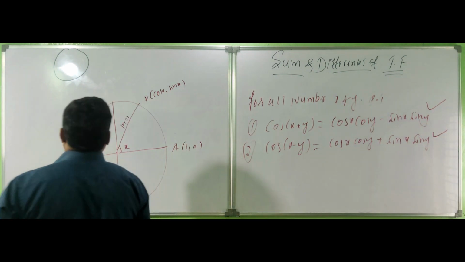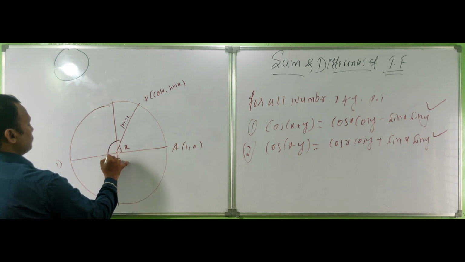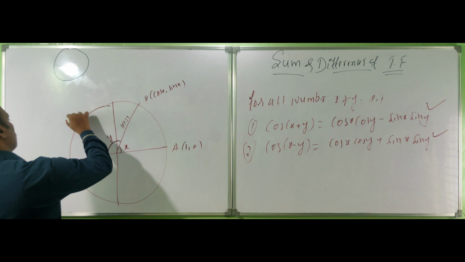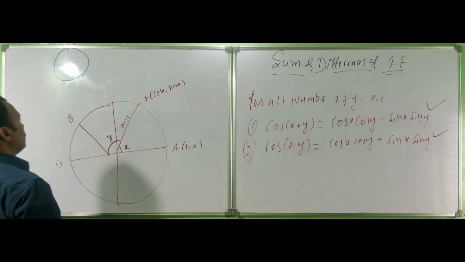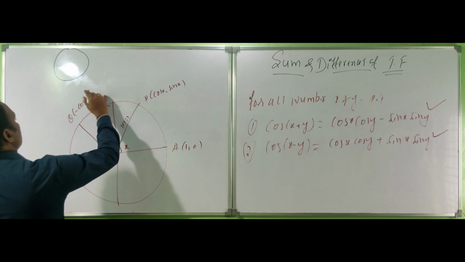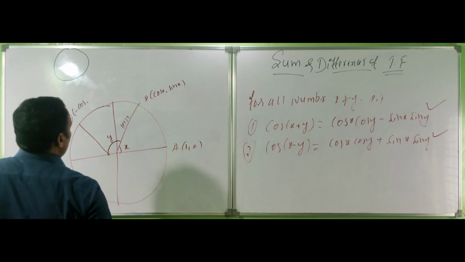Again, let's take here. This is the angle y. This becomes Q, and here the point is minus cos x, because we are considering this angle.